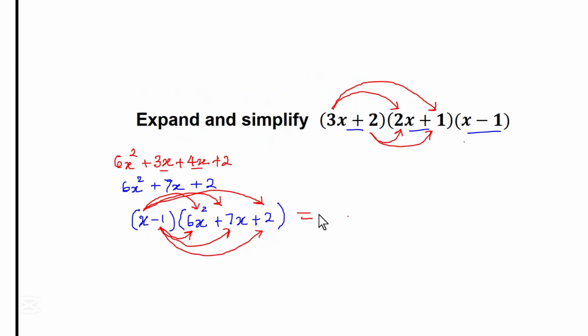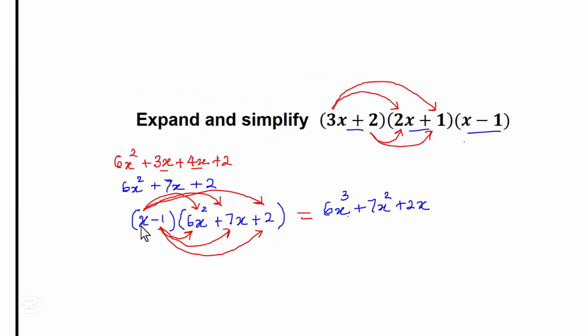So the result should be x times 6x squared gives us 6x to the power of 3. x times plus 7x will be plus 7x squared. x times positive 2 will be plus 2x.